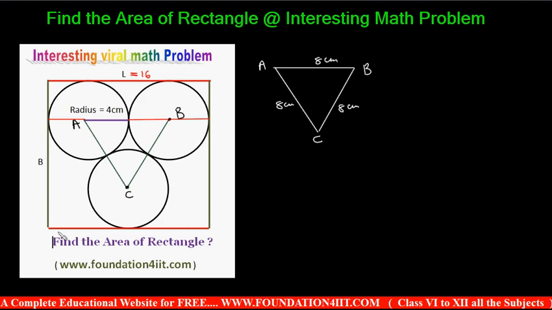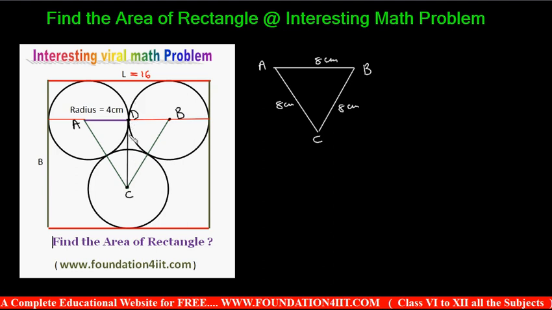To find this total height, I need the height from this center to this position. Let us take this as D. If I know the distance DC, then from C to the remaining part is 4 centimeters, and from D to the top is also 4 centimeters, because the radius is the same throughout.